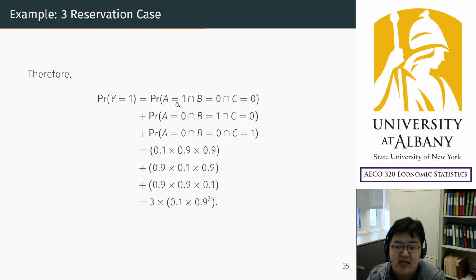That means in any case, there is one cancellation, which is 10%, and 2 non-cancellations, which is 90% squared. 90% is multiplied twice. So each case should have probability 0.1, 1 cancellation, and 2 failures, 90%, 90%. So this is the answer.